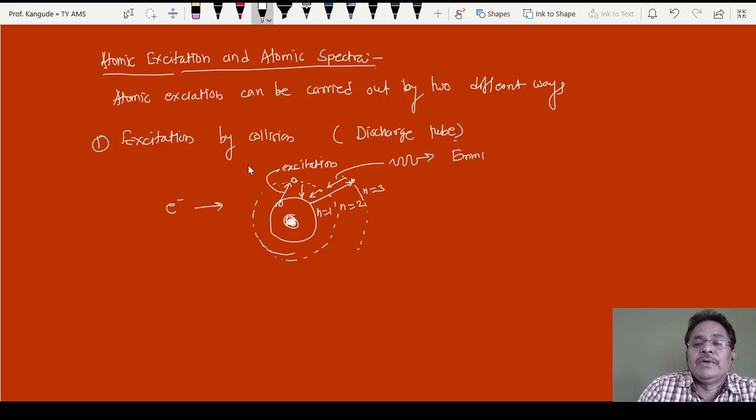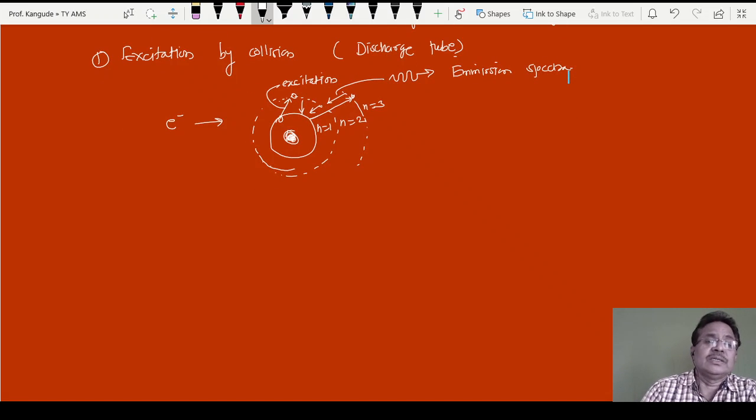So whenever we get radiations emitted by certain atoms, materials or gas, it is the process of atomic de-excitation, and the spectra is emitted. This is the process called atomic excitation and emission spectra by the first type, that is, excitation by collision.